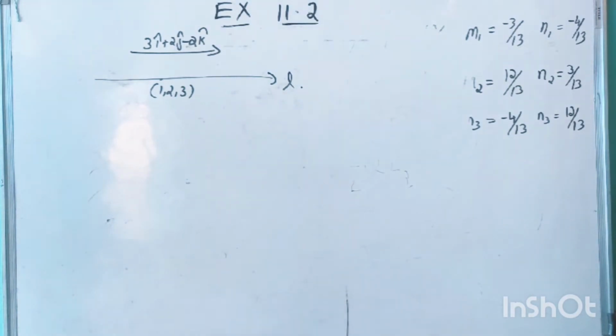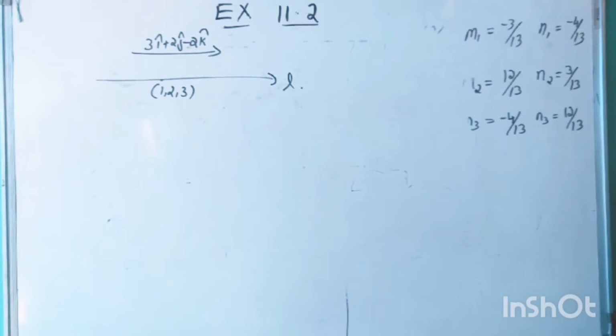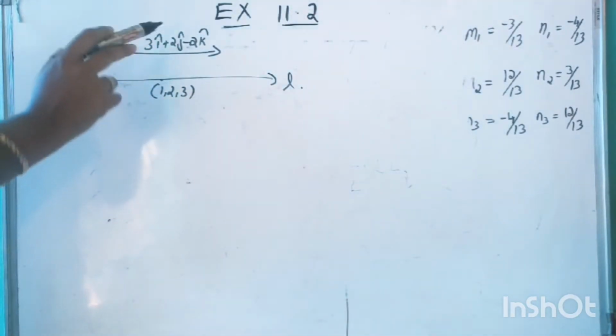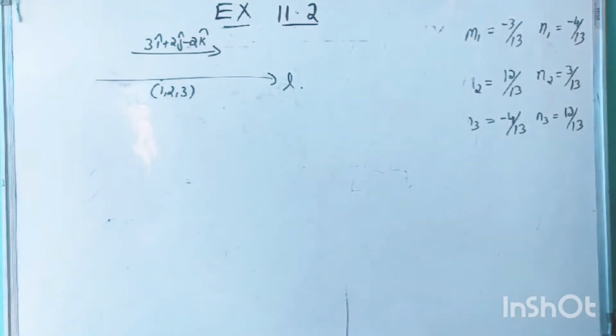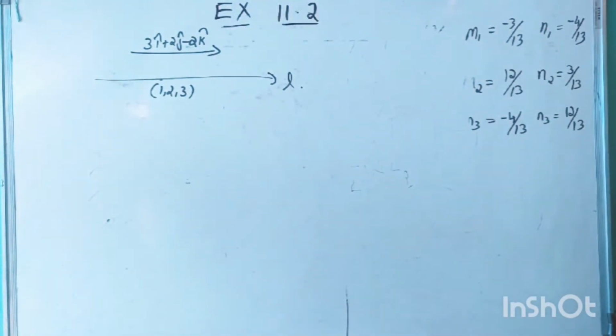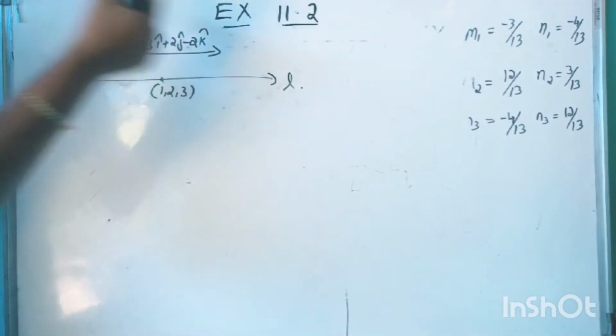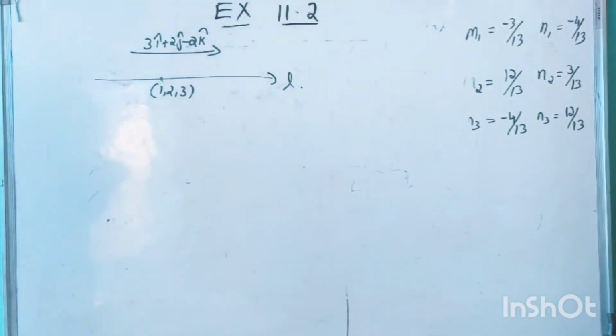The first one is the equation of a line through a given point and parallel to a given vector. That is our first form. So our question is in the first form. This is our given point and this one is our parallel vector.